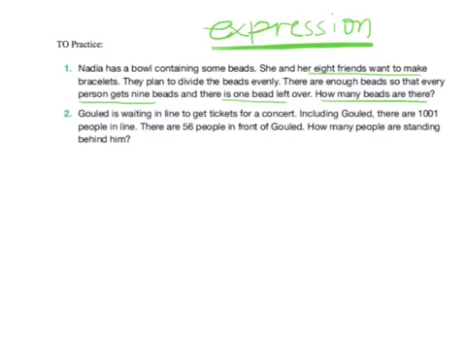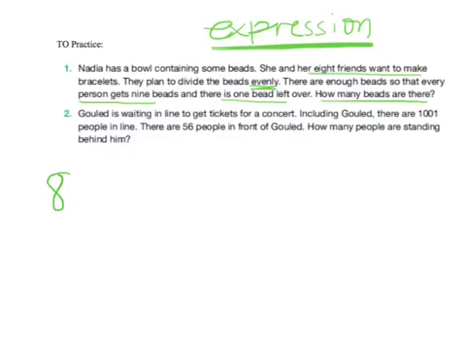Nadia has a bowl containing some beads. She and her 8 friends want to make bracelets. They plan to divide the beads evenly, so it's going to be in even groups. There are enough beads so that every person gets 9.